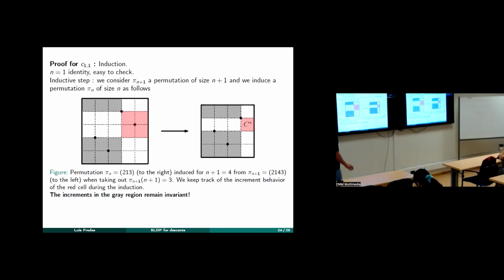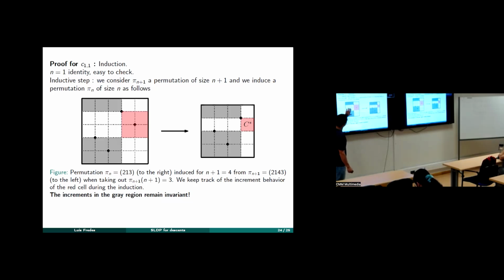So to apply induction, we will take this out. We will shrink the cells in order to induce a permutation of size n. And for this one, we can apply all the properties that we had before. And it will let us explore what happens with C11.